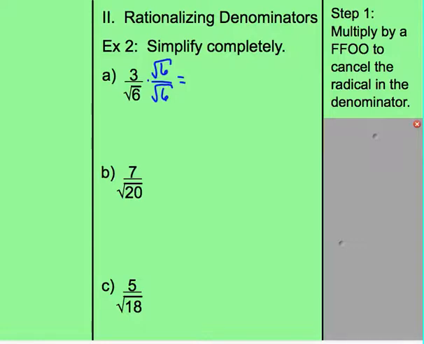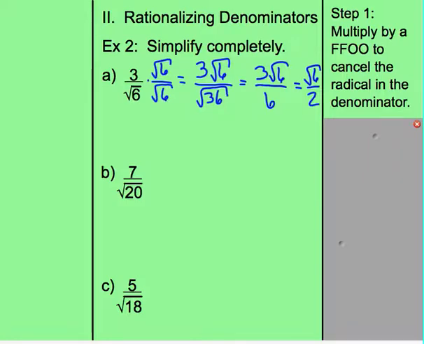In my numerator, I get 3 times the square root of 6. And in the denominator, I'm going to multiply those together under one radical and get the square root of 36. Well, what is the square root of 36? 6. All right, now any numbers outside the radical can be simplified. So I've got 3 over 6, which simplifies to 1/2.